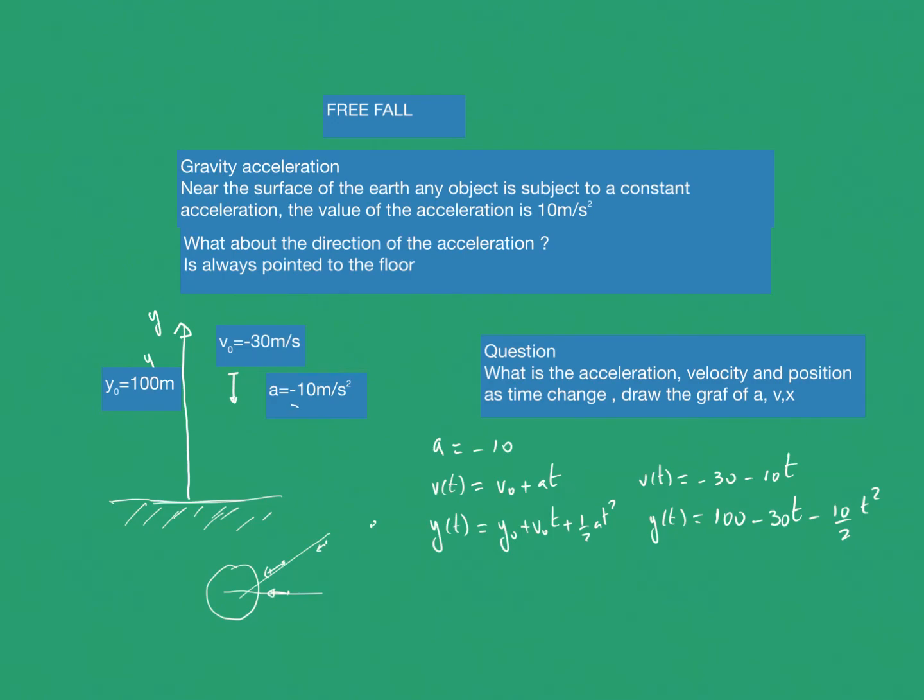So the object is being accelerated. Even if the acceleration is negative, the object is being accelerated downwards. So the velocity keeps increasing in negative magnitude, and when it arrives at the floor, it will arrive with a big velocity going downwards.